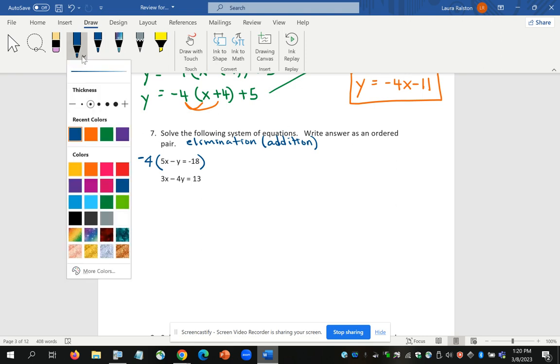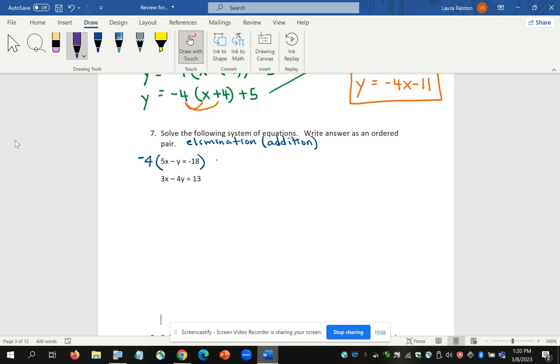Okay, so if I do that multiplication, distributing it out, I have negative 20x plus 4y equals, let's see, negative 18 times negative 4, using my calculator, is positive 72. And then I'm going to bring the other equation over, 3x minus 4y equals 13.